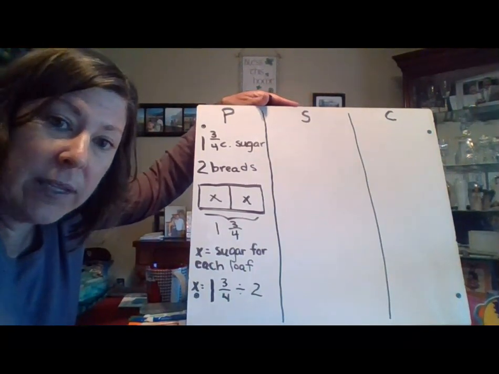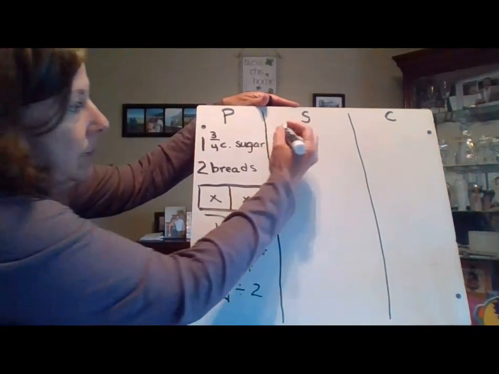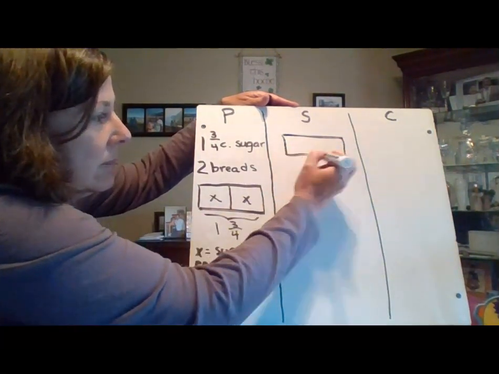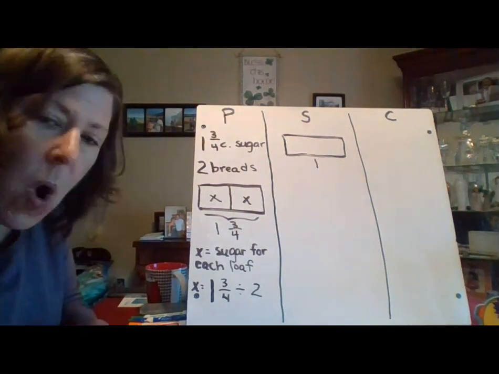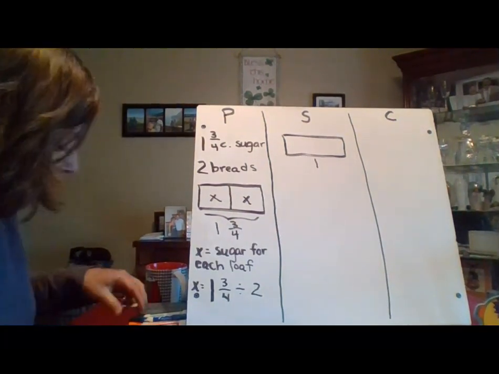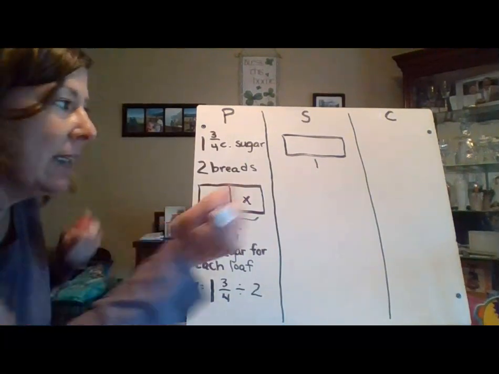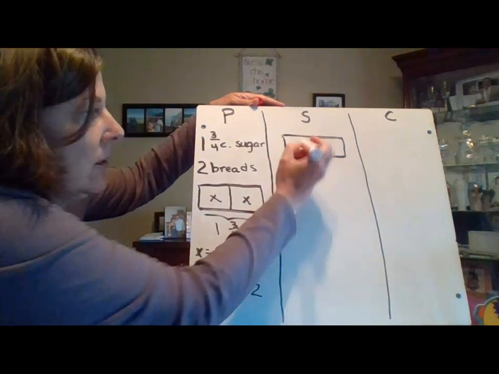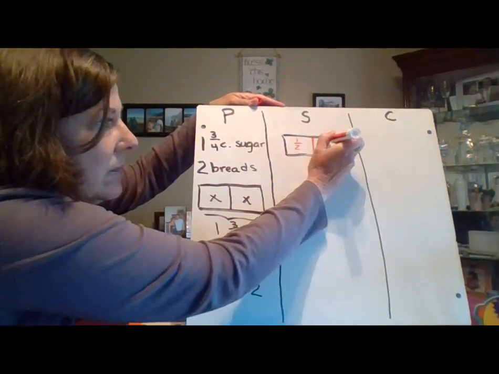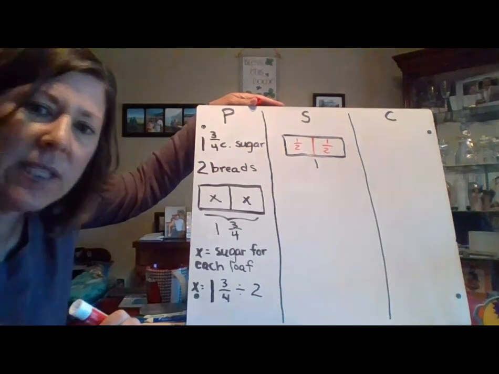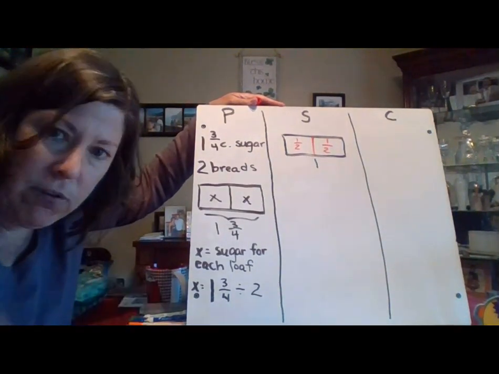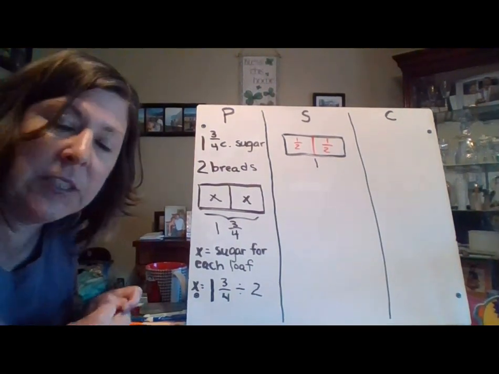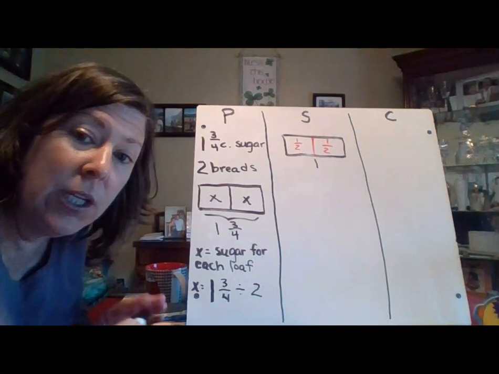I'm going to start with the 1 whole. There's 1 whole cup of sugar. And I know I can easily split one whole right down the middle. So there's a half and there's a half. So far I have a half cup of sugar for each loaf of bread.